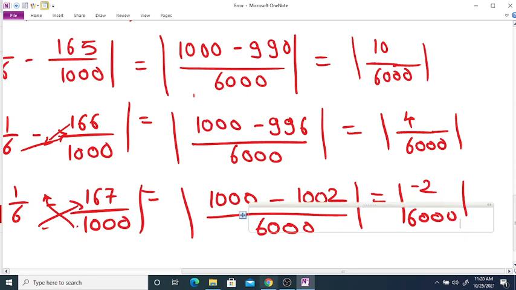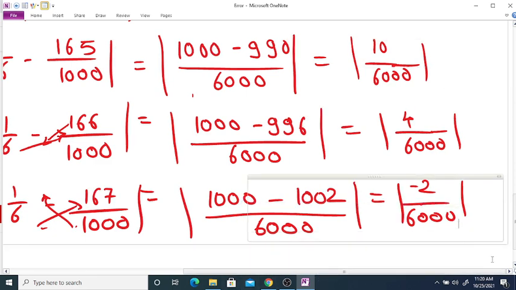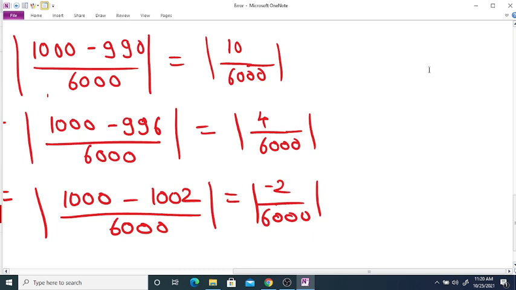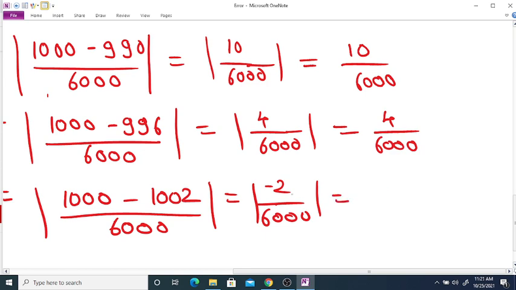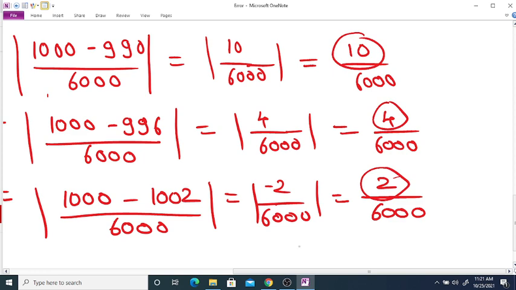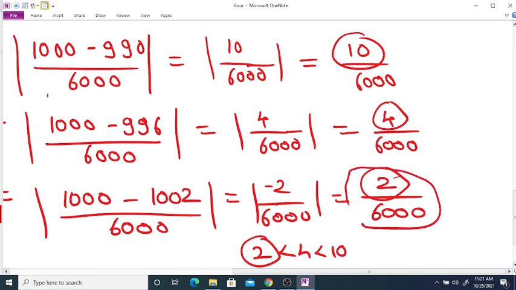The absolute value of each of these three numbers is equal to 10 divided by 6000, since it is a positive number. Then 4 divided by 6000, and we can convert the negative to positive, so 2 divided by 6000. Now you can observe the denominator is the same, and from the numerator you can observe that 2 is less than 4, which is less than 10, and therefore 2 by 6000 is the least error.